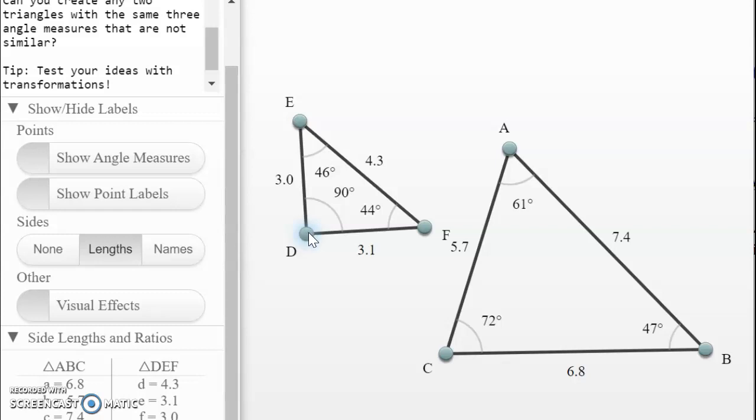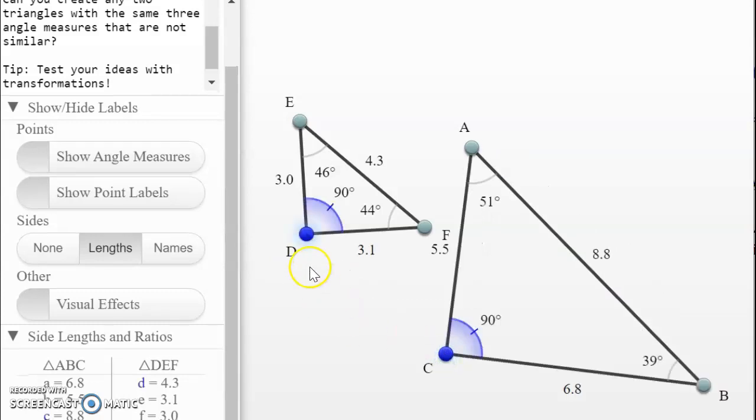Let's say I want angle D to have the same measure as angle C. If I want to do that, I click on that angle, and you are going to see this lock symbol. You click on it, and that gives me an option to lock it with another angle. Now these two angles are always going to be the same. When this one changes, this one is also going to change. This way we know that the angle is always going to be the same.